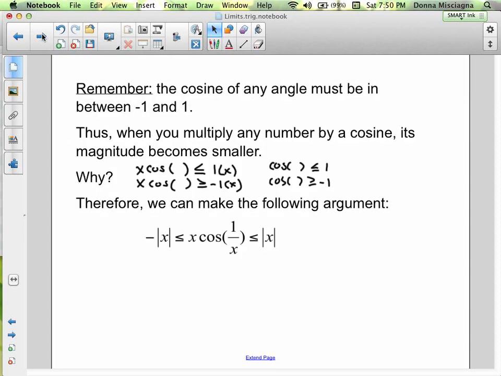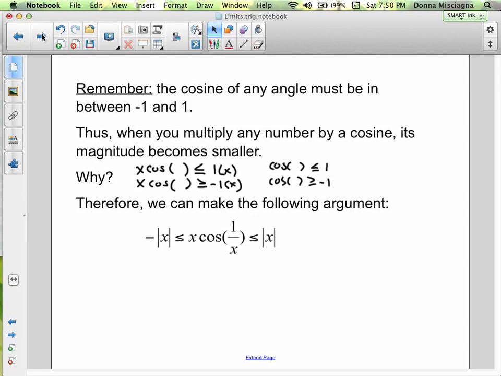So remember, the cosine of any angle must be between negative 1 and 1. So the most cosine of an angle could be is 1, and the smallest the cosine of an angle can be is negative 1. Thus, when you multiply any number by cosine, its magnitude becomes smaller, right? Because we're multiplying by something that is less than or equal to 1. And if it's equal to 1, it doesn't change, right?